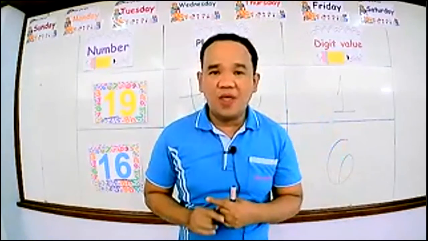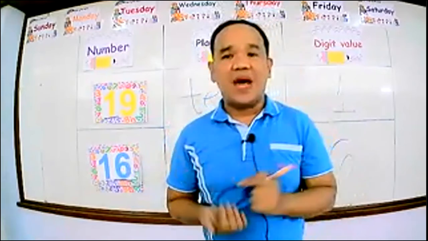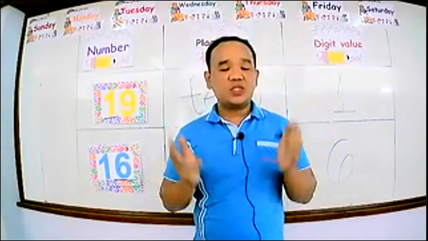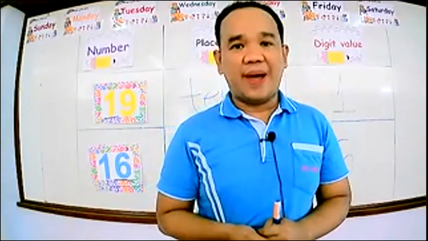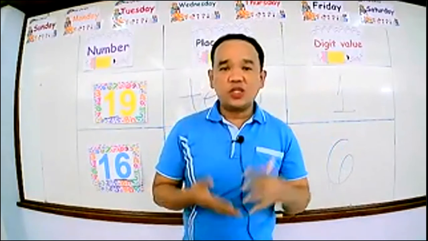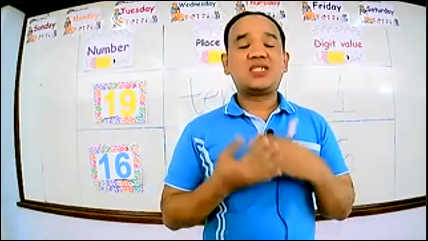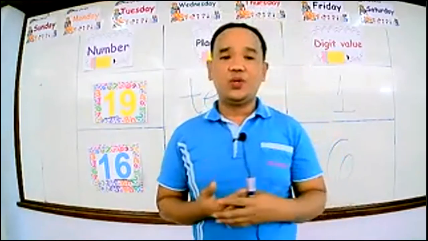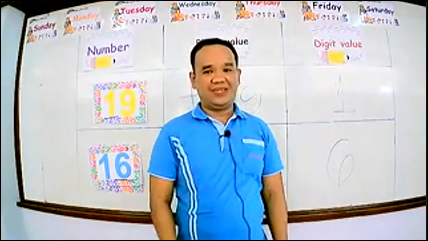Always remember that place value is a value given to the position of a digit in a number. Okay? So if you know how to determine the place value, then it's very easy for you to know the digit value.